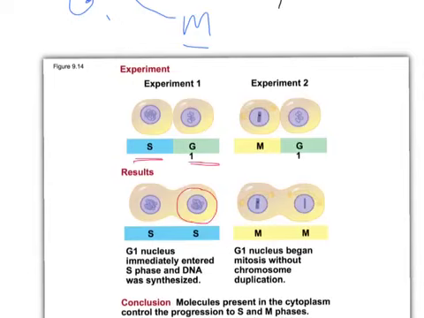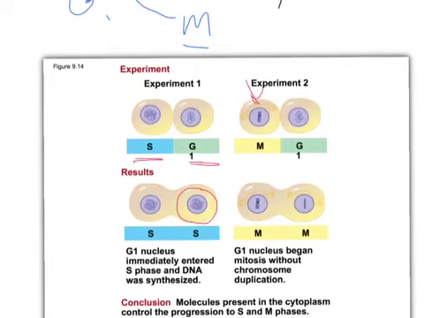So that kind of gives you an idea of what's happening. Let's look at the other experiment, experiment 2. Take a nucleus from a cell that's undergoing mitosis, and I fuse it with another cell that's undergoing G1. Okay? And immediately, that G1 nucleus starts to undergo mitosis. What conclusions can you make from this?